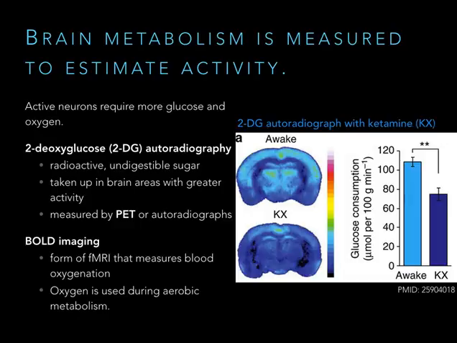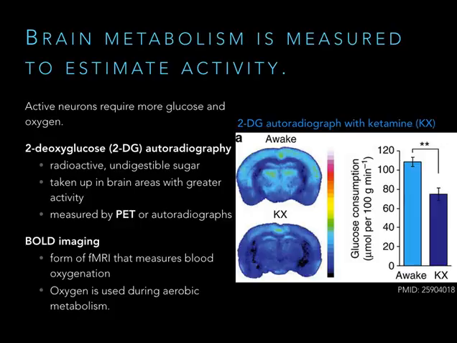And what we can see is that the anesthetized mouse brain is using a lot less glucose, which makes sense because of the anesthesia. Brain activity was reduced, and as such, glucose demands are reduced. You can use 2-DG, either PET or autoradiography, to thus look at which regions of the brain are most active during some task.